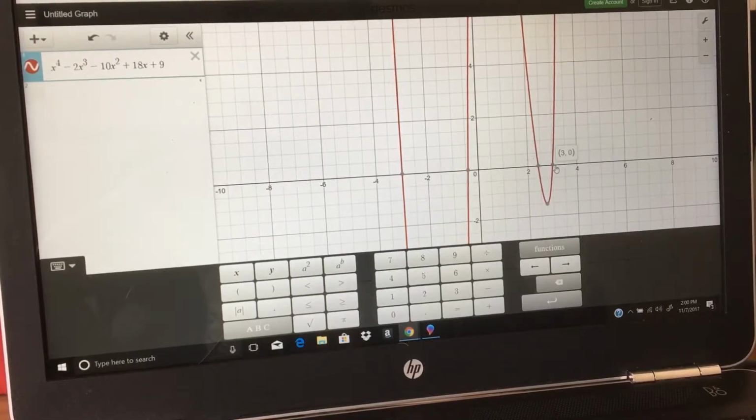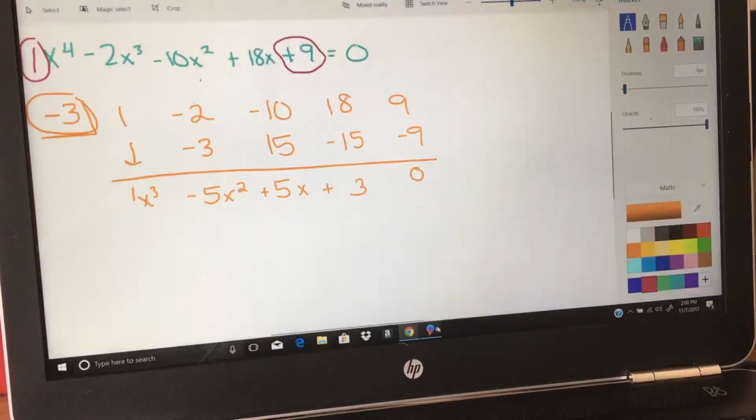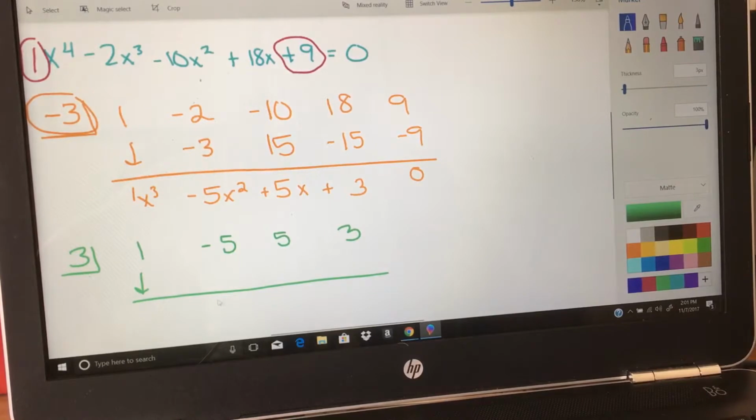We're just going to go ahead and synthetically divide again. This time we're going to do a positive 3, and now instead of going from the first equation, we're going to go from the reduced equation. So we get our coefficients, 1, negative 5, 5, and 3, and then we synthetically divide this out. We're going to keep doing this until we get a quadratic.